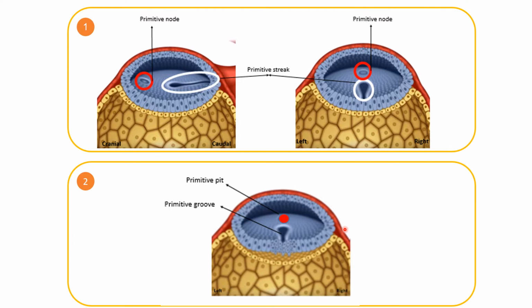In turn, this cavity allows for the migration of cells through it to be repositioned and settle down in a new place. Before apoptosis, we have the primitive streak, and when apoptosis occurs, that primitive streak becomes a primitive groove. The same thing is happening at the primitive node. Before apoptosis, you had a primitive node, and when apoptosis occurs, it becomes a primitive pit.